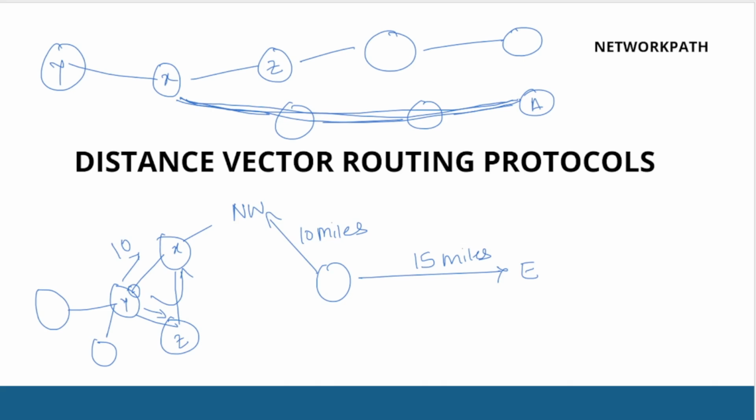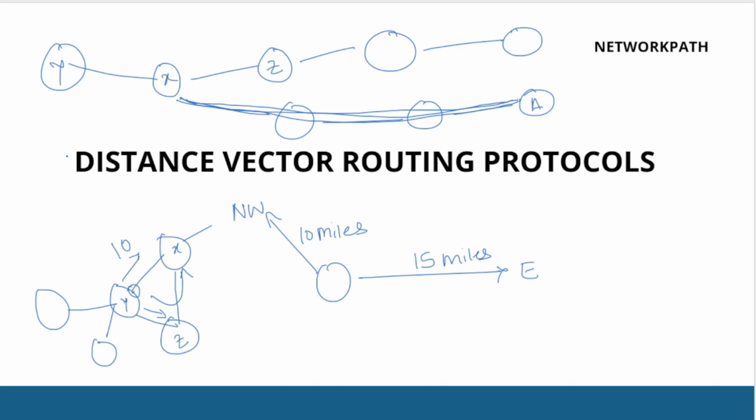Because routers are basically repeating what their neighbors told them, we call it routing by rumor as well. Router Y is telling X that I have this network and you can go to it with this much cost and in this direction.